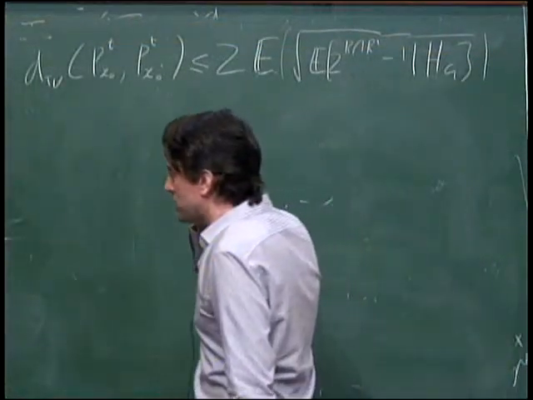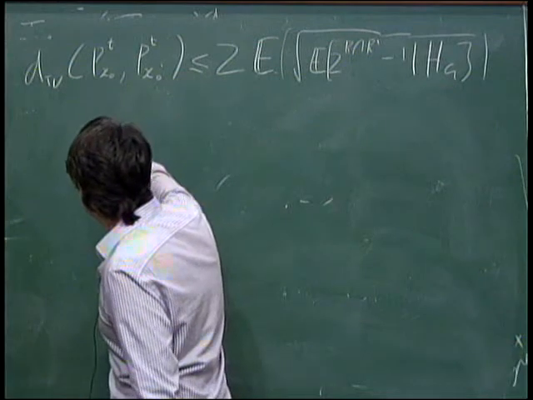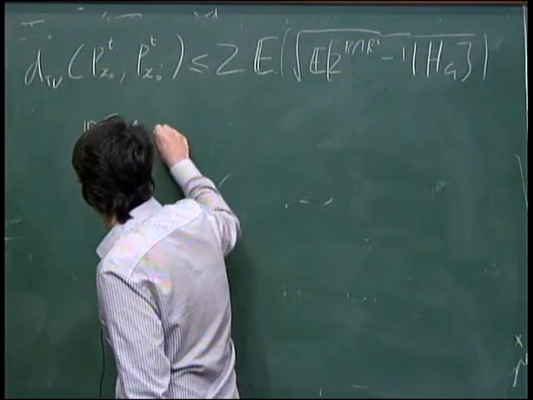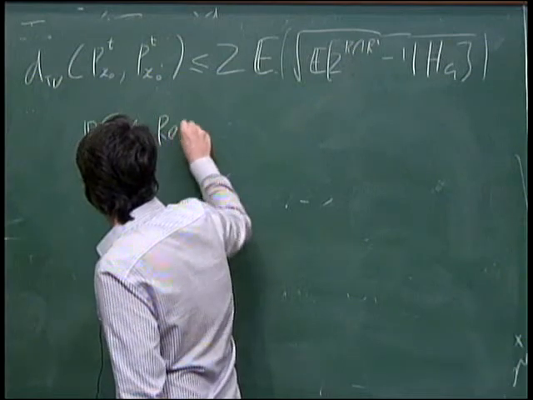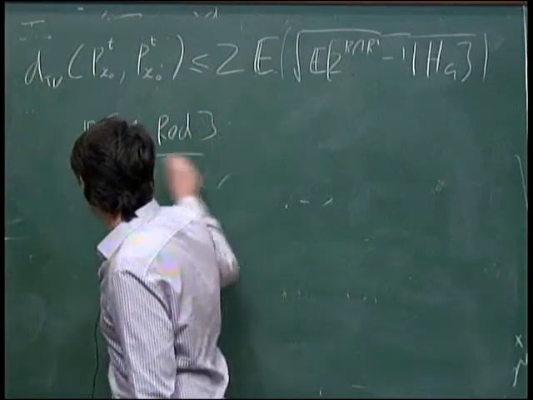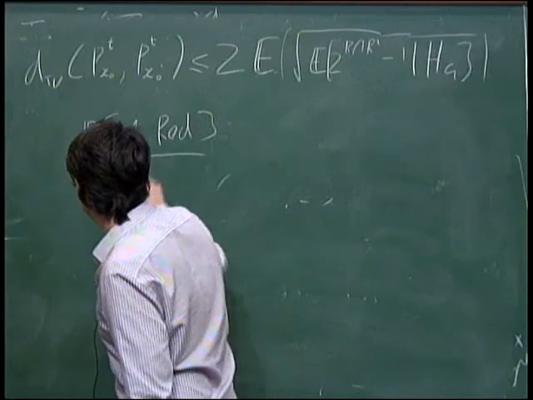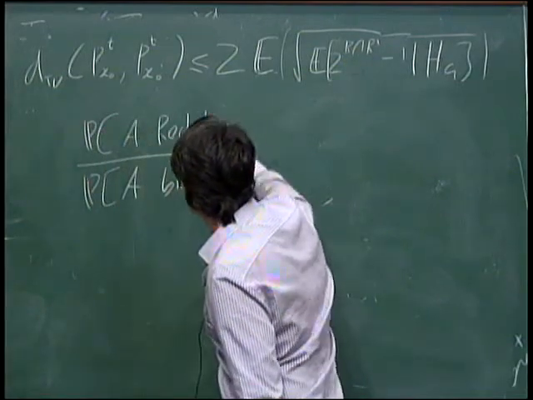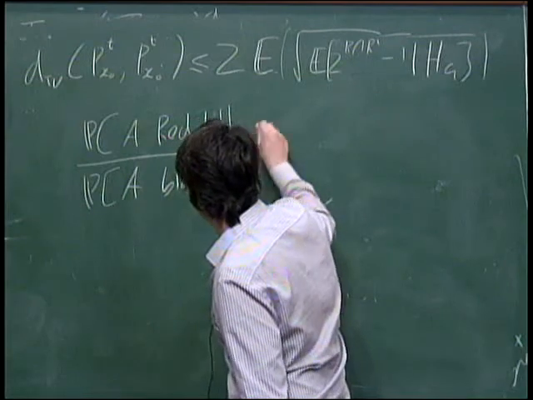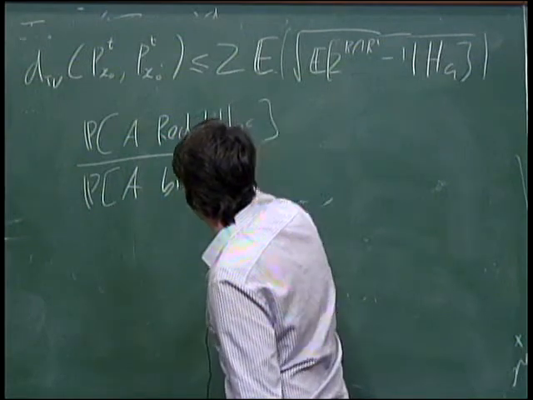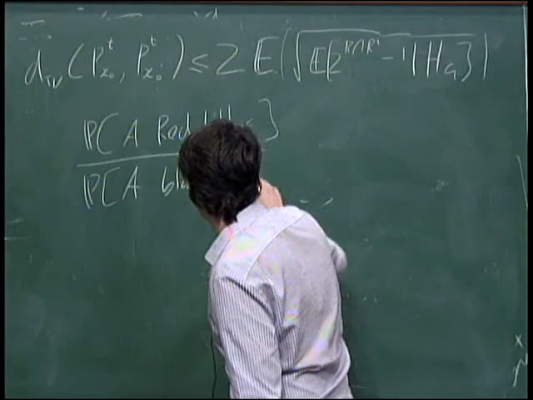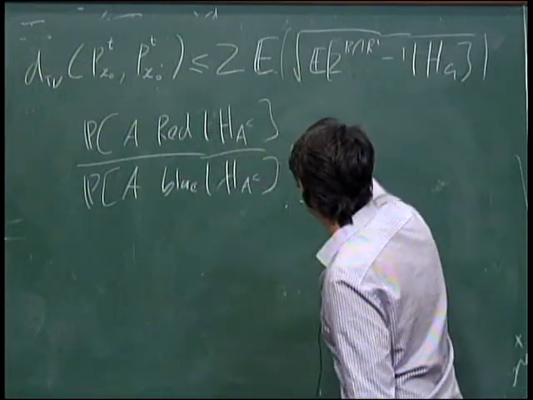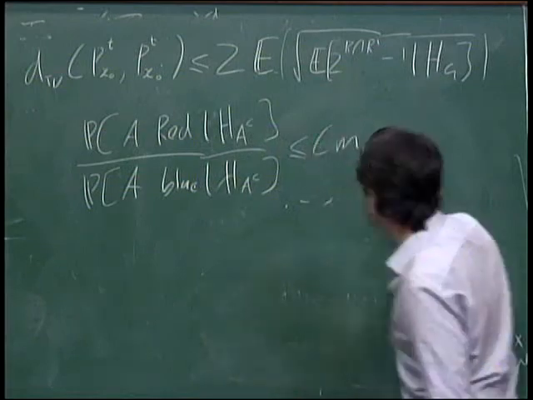And because they're subcritical, we can get a bound along the lines of the probability that a set A is red, divided by the probability that it's all blue, conditional on the history of everything outside of A, is less than or equal to a constant times the magnetization.